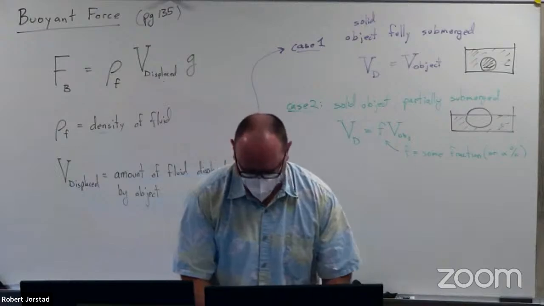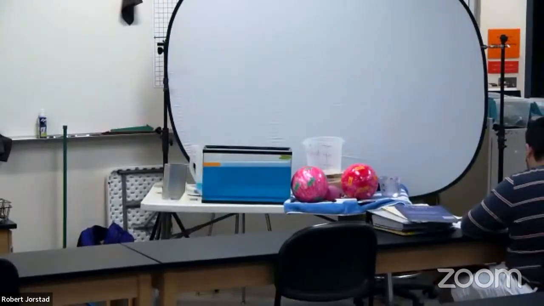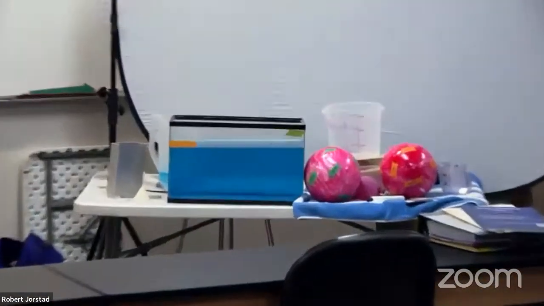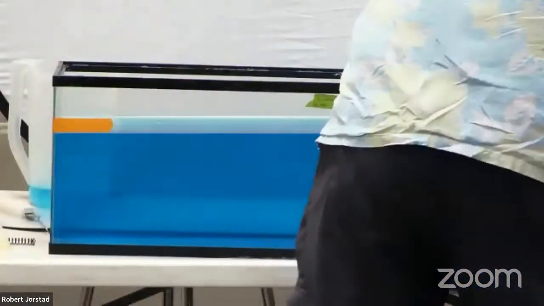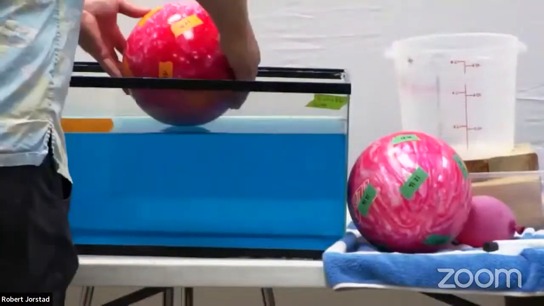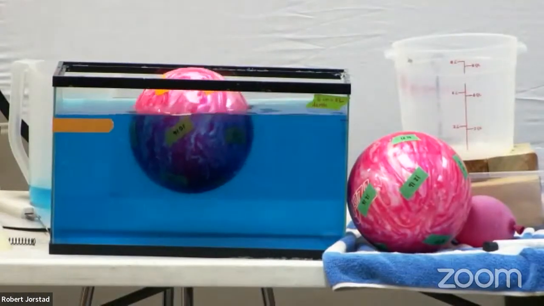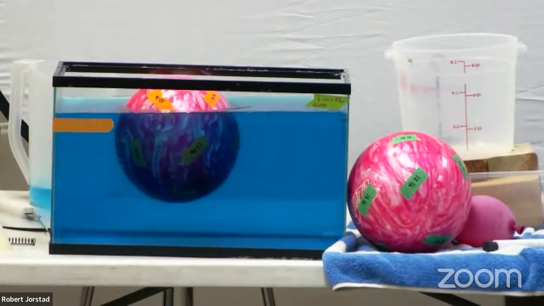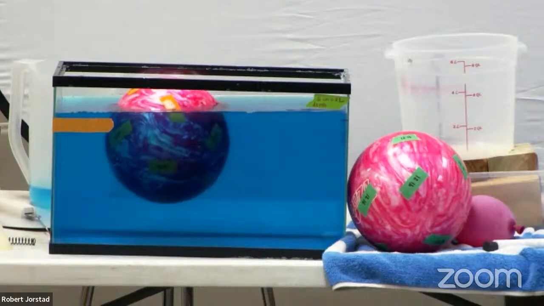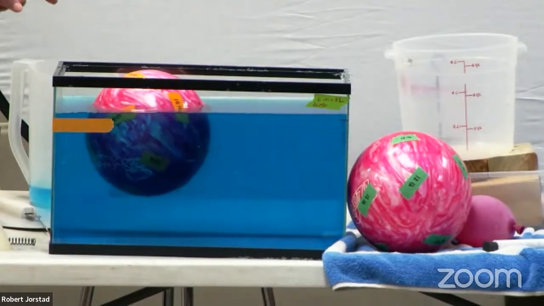Again, giving you a visual. We got a 10-pound bowling ball here. This would be a particularly difficult problem, but hopefully you could see that some of that bowling ball is out of the fluid, right? This would be really difficult to calculate that fraction or percentage. Do you agree?